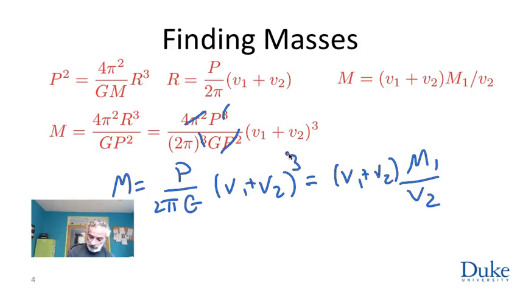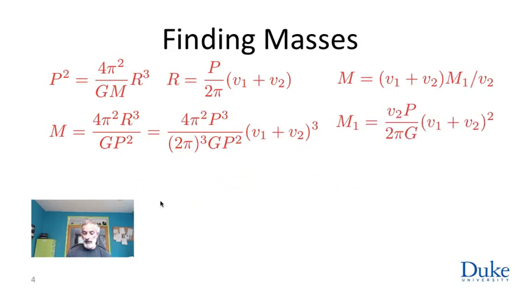And so I see that 1 power of V1 plus V2 cancels, and multiplying both sides by V2, I finally have an equation for M1 in terms of P, the speeds that I measure, and Newton's constant. I am done. By measuring the Doppler shifts, which gave me the speeds and the period, I can actually measure the mass of a star.